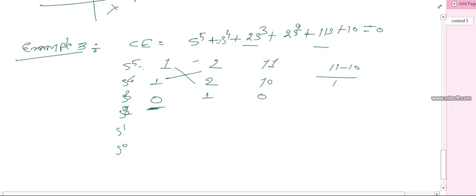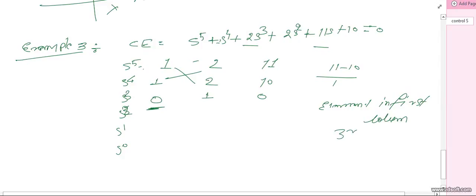So what we see here is that the element in the first column and third row is equal to 0.